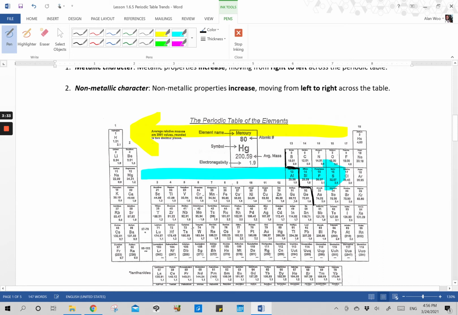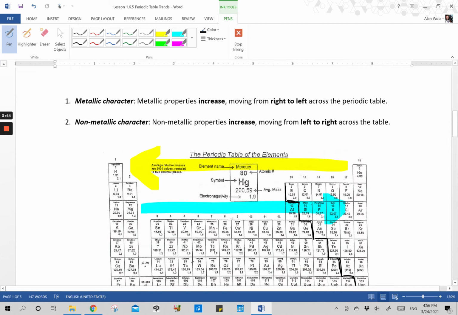The staircase itself just divides the periodic table between the metal side and the nonmetal side. So when you apply the periodic trends, nonmetal properties of course have to increase going from left to right, and metallic properties have to increase from right to left. So this is more or less a review of those two periodic trends.